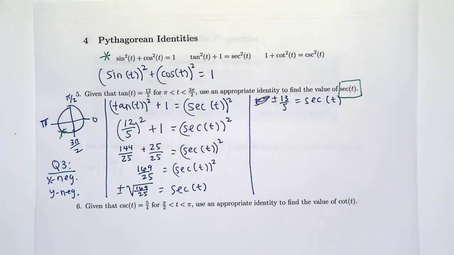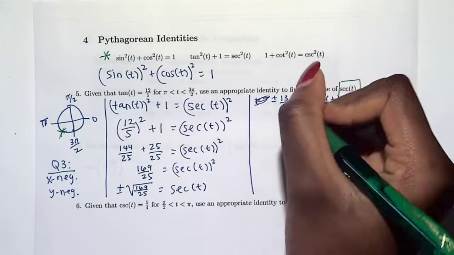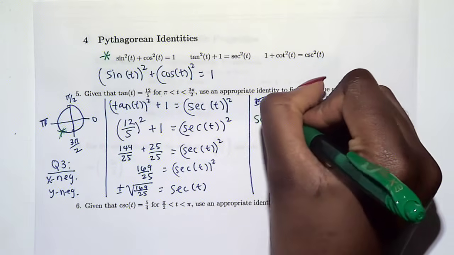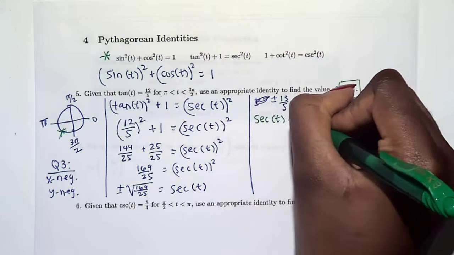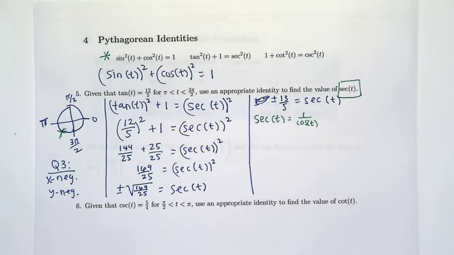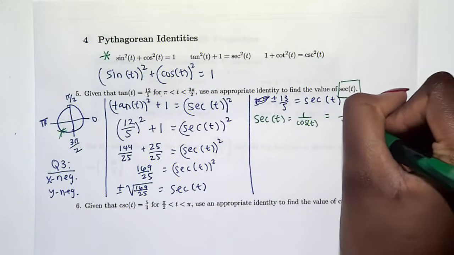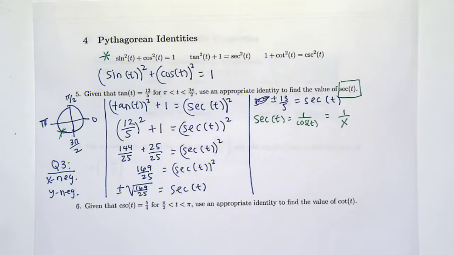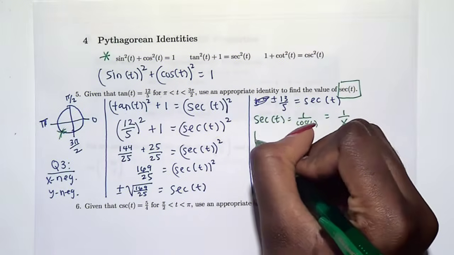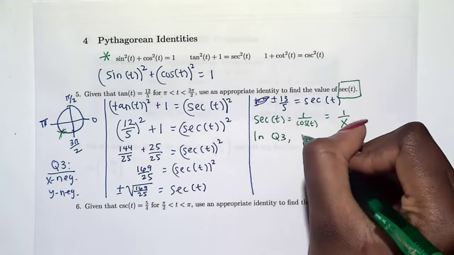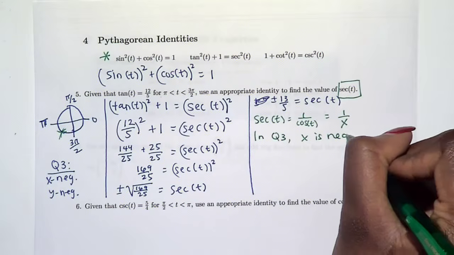All right, so I'm going to write something down. Remember that secant of t is the same as 1 over cosine of t, and we know cosine is the same thing as x, so 1 over x. All right, and in quadrant 3 where we are, x is negative.